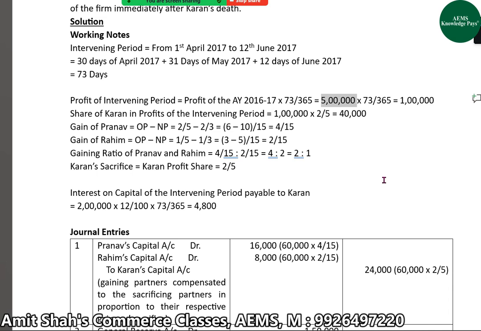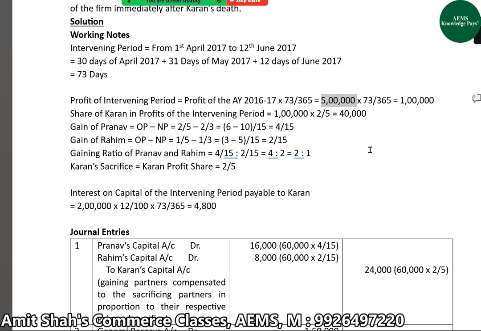Means I did not get your question, Abir. Sir, you have written profit after accounting year 2016-17. Not after. I have written profit of the accounting year. Yes. So that is 5 lakhs.